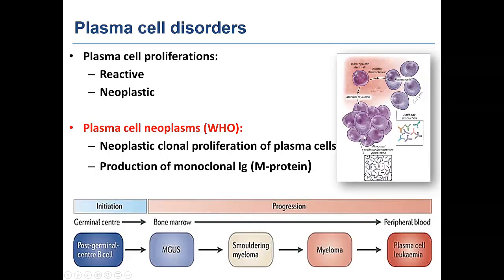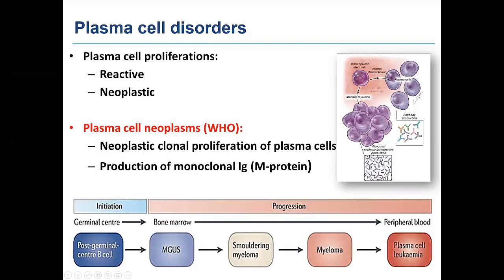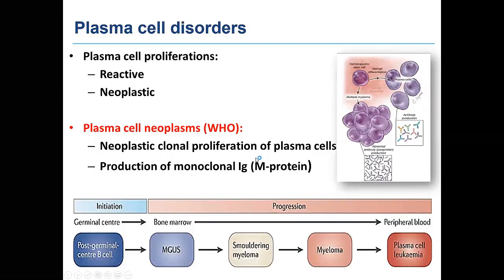That means they will produce immunoglobulins of a similar type. Say they are producing IgG, then all of them will be IgG. All of them will show light chain that is either kappa or lambda. So this protein which is secreted, we call M protein. But this M does not have any correlation with IgM, which we will talk about when we talk of Waldenstrom Macroglobulinemia.